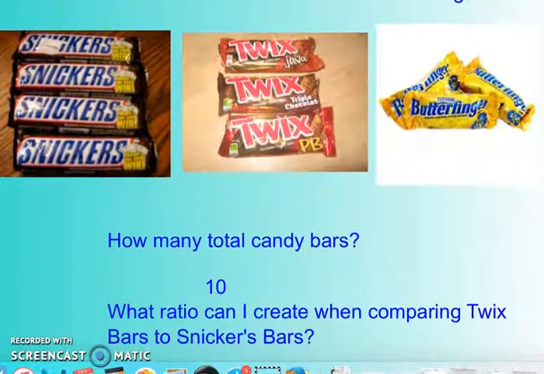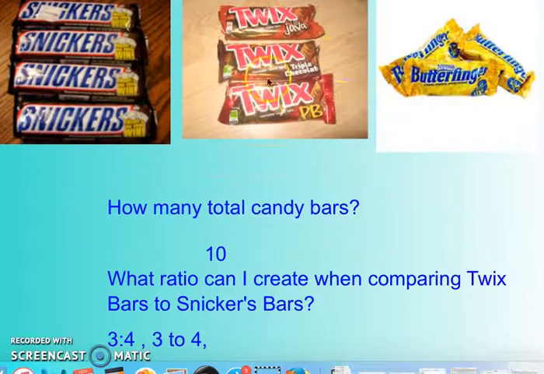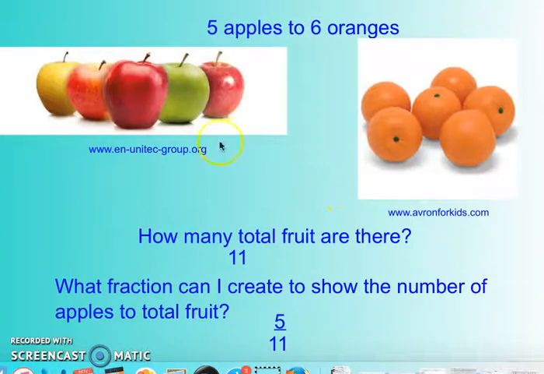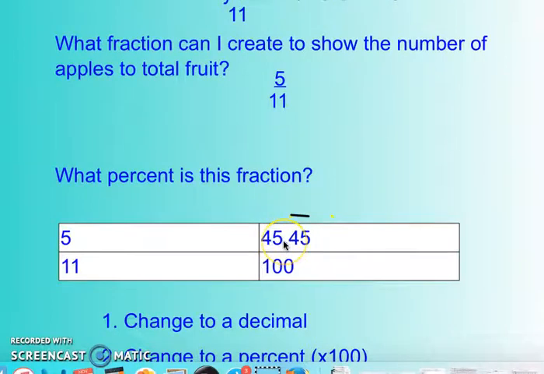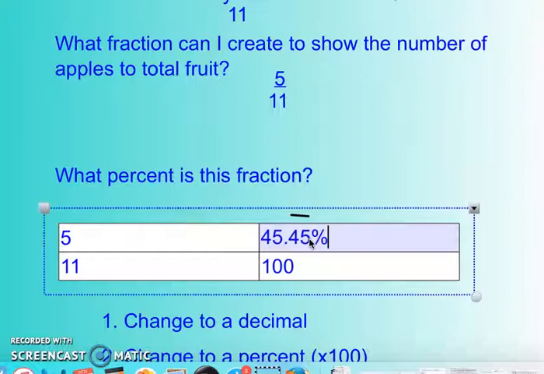With that total, we could compare individual ones to the total, like Twix to total, or Butterfingers to the total amount, or Snicker bars to the total amount. Back with the fruit, we compared apples to the total amount. Once we had that total, we could figure out our percent. Apples to total amount was 45.45 repeating percent. And I probably should add a percent sign here.